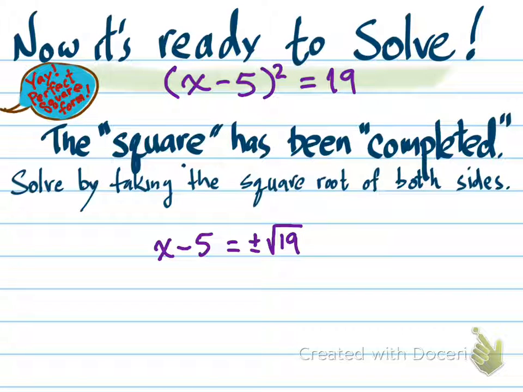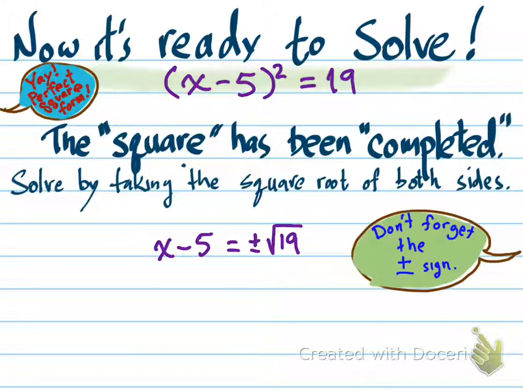And now all we have to do is solve by taking the square root of both sides. Of course, the square root of x minus 5 squared is just x minus 5. On the right side, it's the square root of 19, but don't forget this plus minus sign. Remember, a quadratic equation always has 2 solutions, and this is how you get both solutions, by adding that plus minus.